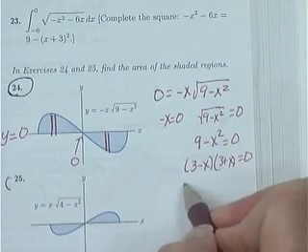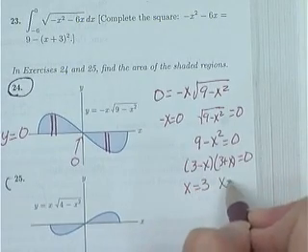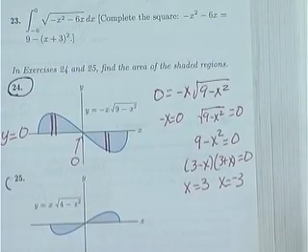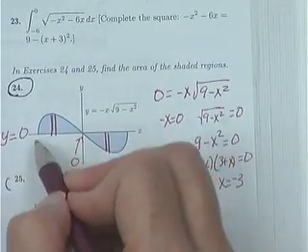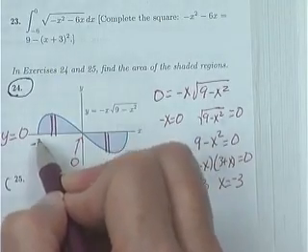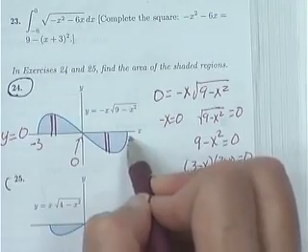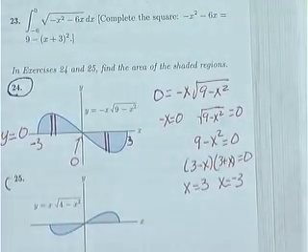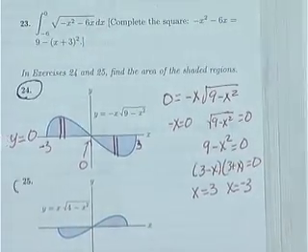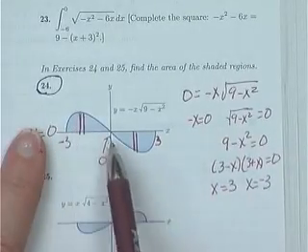Set each factor now equal to 0, so x is equal to 3 or x is equal to negative 3. So this x-intercept here is obviously the negative 3, and this x-intercept here is obviously the positive 3, just by location. Okay?